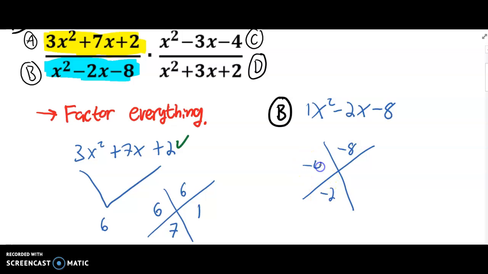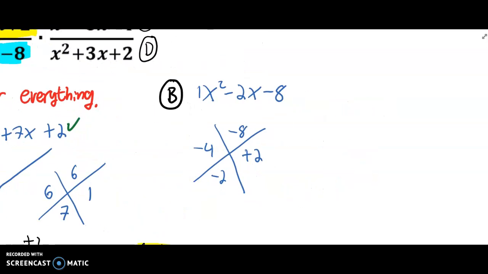Let's do negative 4 and positive 2. Because the a value, in front of x squared, is 1, we don't need to make a square, so I just get x minus 4 and x plus 2. And this is our blue B.